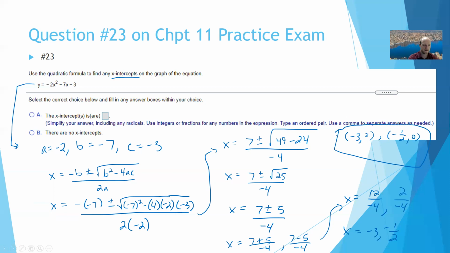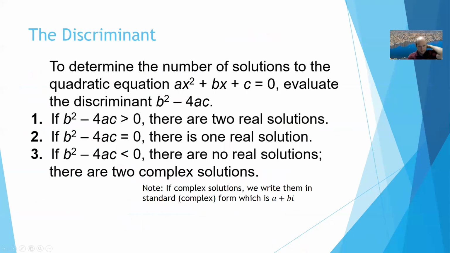All right. And then I think I just have one more concept, and that is the discriminant. That is when we determine the number of solutions to a quadratic equation, okay?